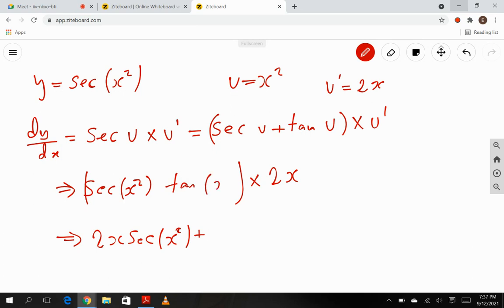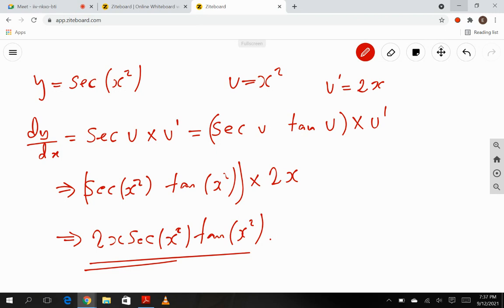So it's supposed to be like that, right? Then we are going to have tan x squared. So that's how you want to go about these questions.